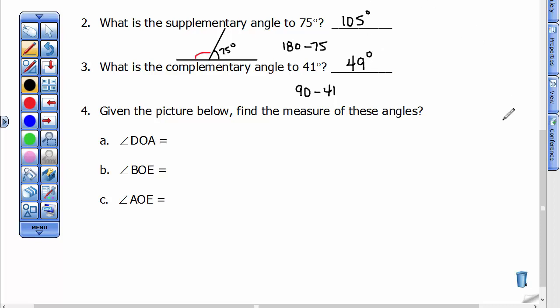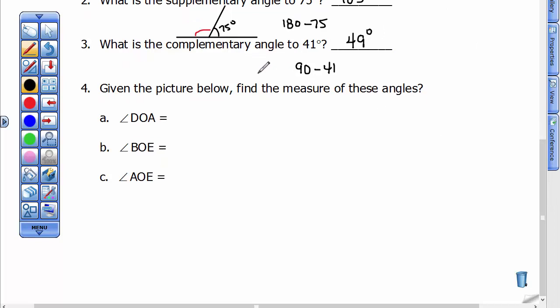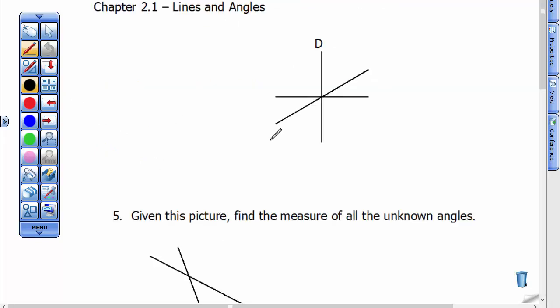Okay, it's given the picture on the next page, I'm afraid. I want to find the measure of these angles: DOA, BOE, and AOE. So I'm going to turn to the next page and then rewrite the questions down. I do need to label the letters on this picture.